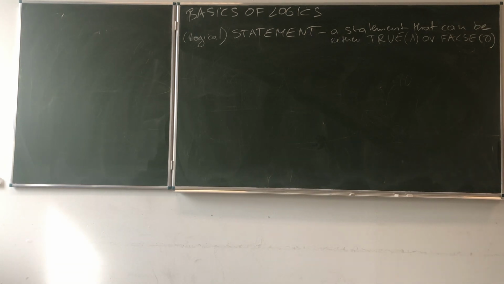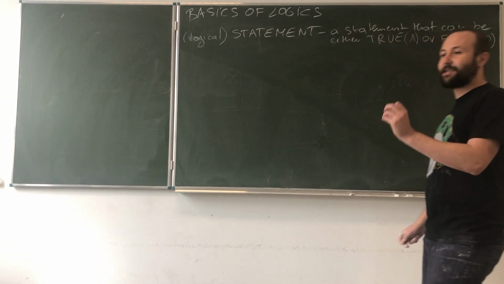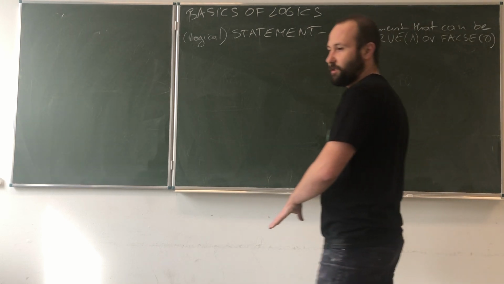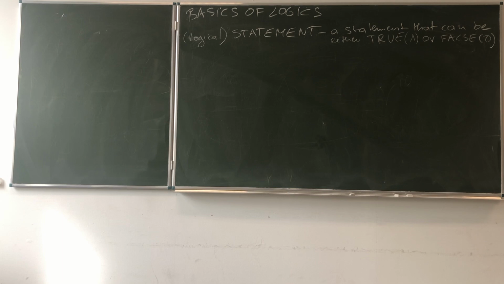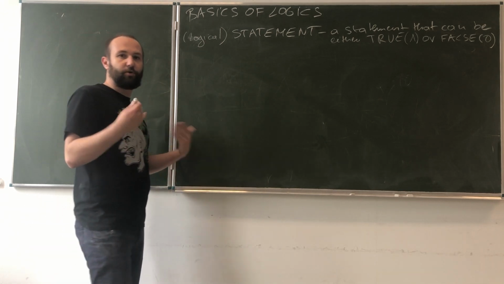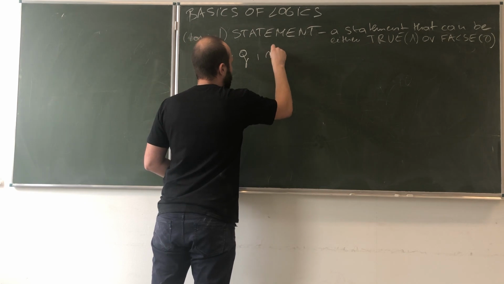But actually, this is not a logical statement. Why? Because nobody has proven that God either exists or that God does not exist. So we cannot say. And if we cannot assign a logical value, either as something is true or not, this is not a logical statement. Okay, and those logical statements we will be denoting with lowercase letters P, Q, and R.